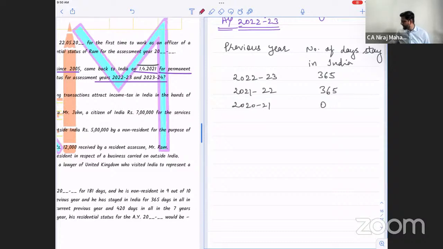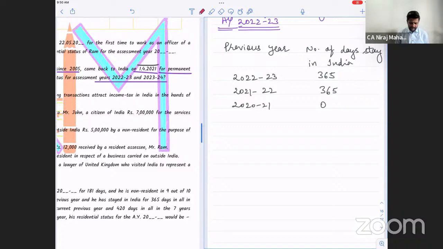When I say he is not in India for the last 10 years at all, he becomes automatically NR for the last 10 years. The 365 days category will also not be satisfied, nothing will be satisfied even for this purpose. Which purpose I'm talking about? RNR additional condition number 2. 730 days not satisfied, as well as resident for 2 years will also not be satisfied, right?